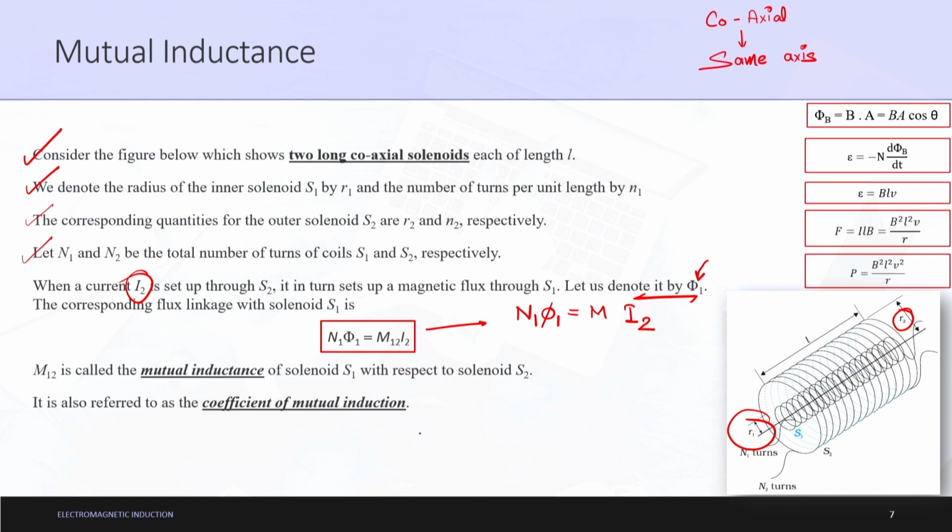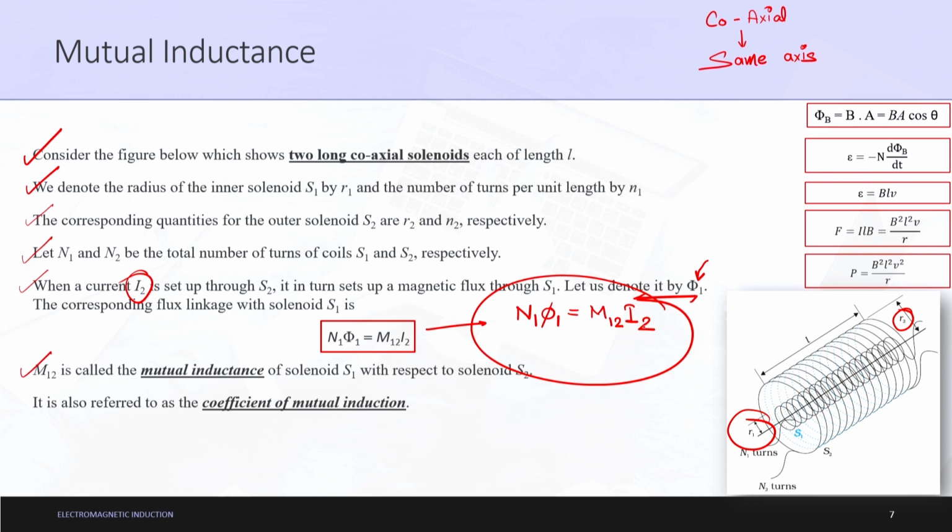So, this is just a denotation. Please be very clear here that M12 is called the mutual inductance of solenoid S1 with respect to solenoid S2. So, to denote this we write M12. I clearly explained everything step by step, how this formula came, and why there is a denotation by 1 and 1 here, and 1 2 here and 2 here.